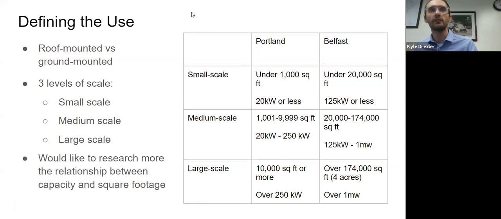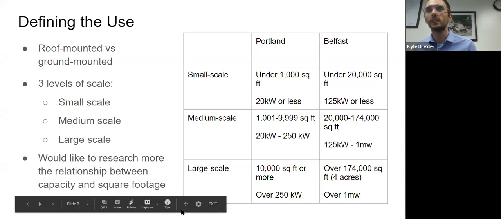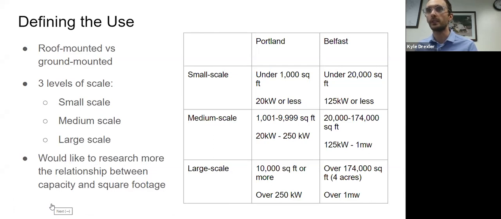But this is kind of the first area that I really want to look more into, and probably reach out to someone with more technical knowledge than myself on solar, to kind of figure out what the relationship is between square footage, the capacity it can generate, and how going forward we can kind of time proof the ordinance language so it doesn't become outdated, you know, every couple years. You can move on.